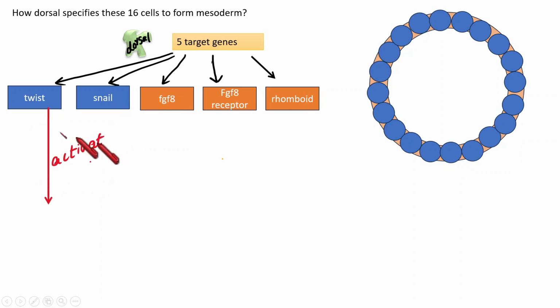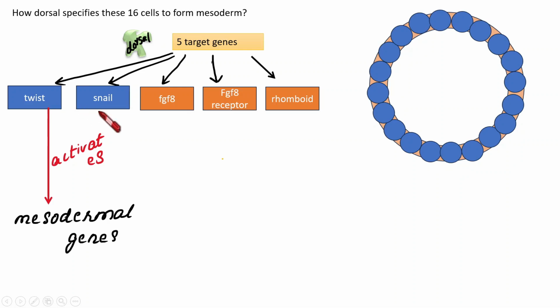So why are these two genes very significant? How do they play an important role in the transformation of the 16 ventralmost cells to mesoderm? The twist gene is transcribed to give rise to twist protein, and that twist protein activates all the mesodermal genes in the 16 ventralmost cells.